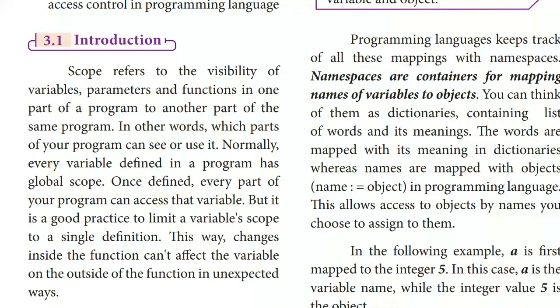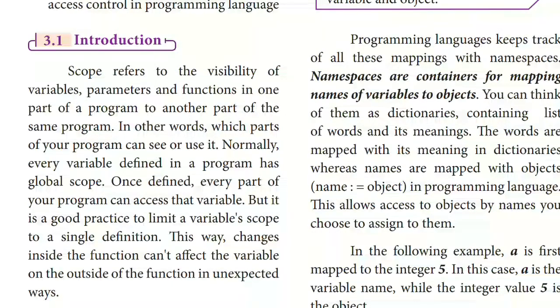So here you can see that when you give a variable or object a global scope, global scope means throughout the program you can access that variable and change it.